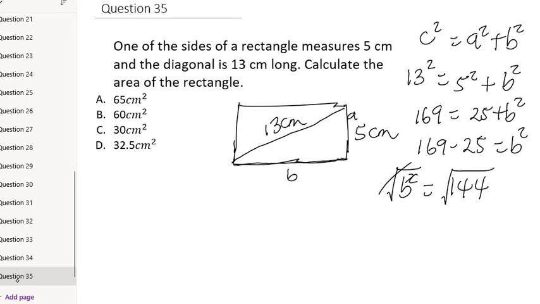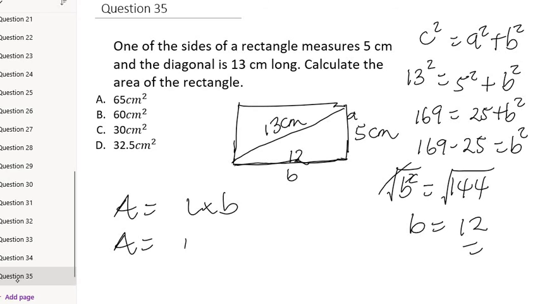This square root cancels this square. b is the square root of 144, which is 12. Now I've gotten the side of the rectangle as 12. Area of a rectangle is length times breadth. Area is 12 times 5. My answer is 60 centimeters squared, which is B.